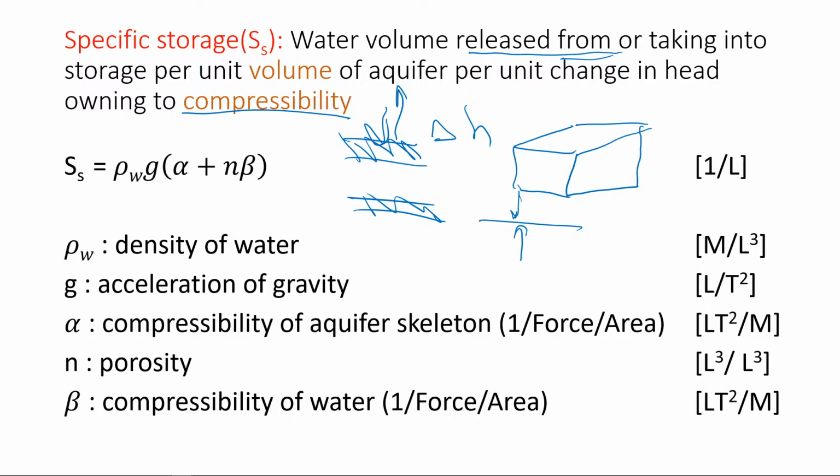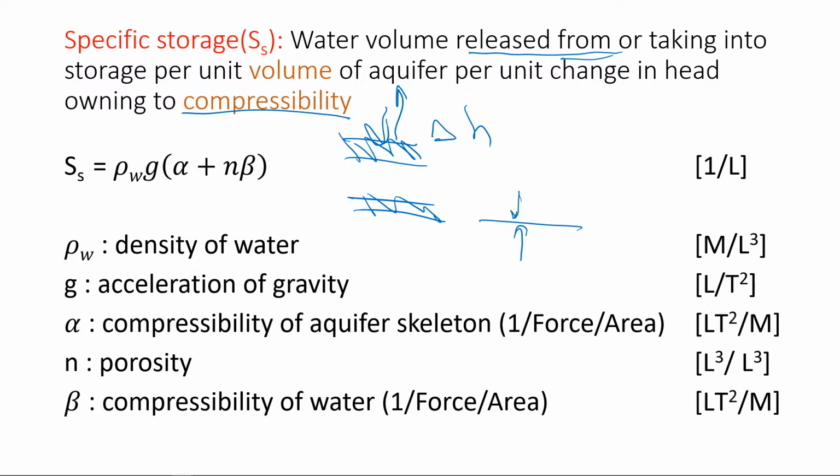If these two loads are equal, the load above your aquifer equal to the support through the rock matrix and water, then no change will happen. But if the load above is larger, then the matrix and the water will be compressed.